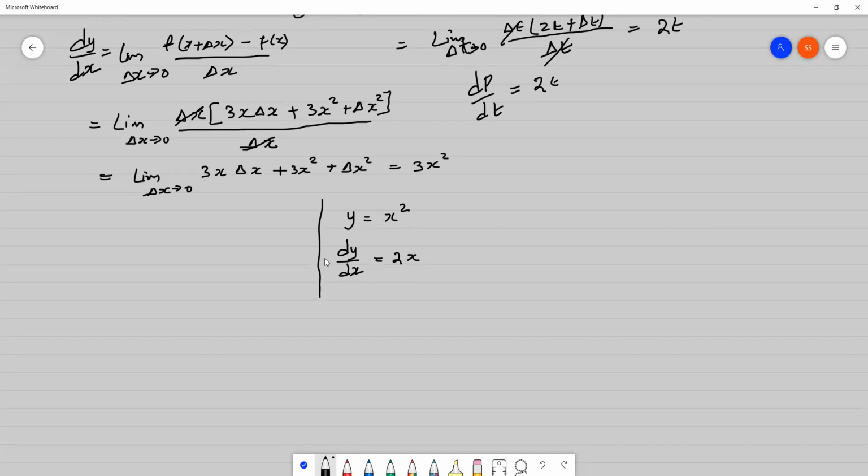This was the first thing which I proved. When y is equal to x cube, dy by dx is 3x squared. This is something which I proved here. dy by dx is 3x squared.